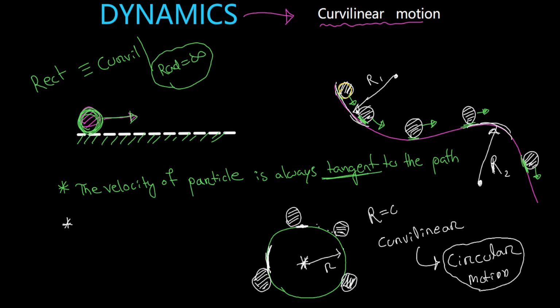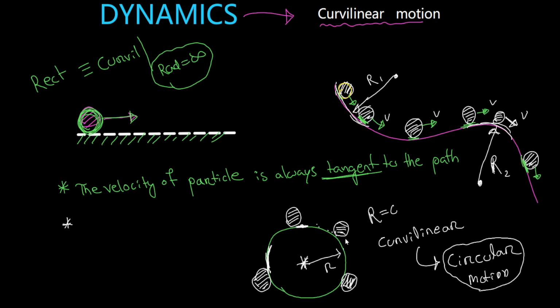Since here also, the tangent to the path, that means the radius, this one is the radius. So the radius and the velocity vector. Over here there will be an object, so it will have the velocity vector like this. The velocity vector and the radius vector: everywhere the velocity vector is always perpendicular to the radius.